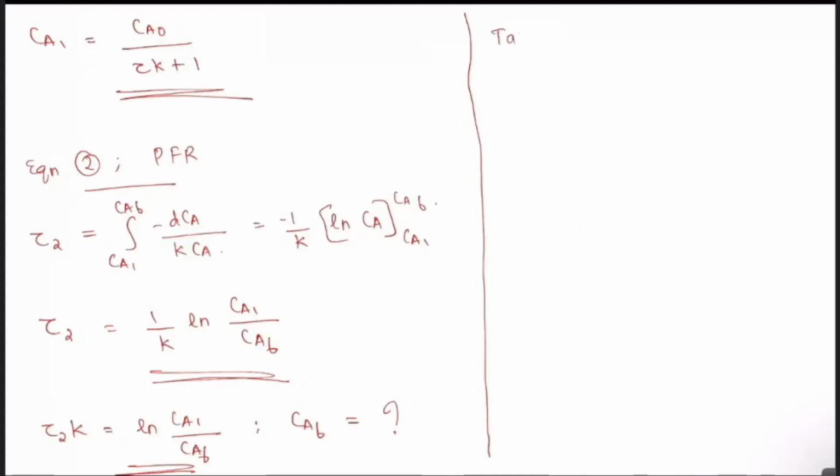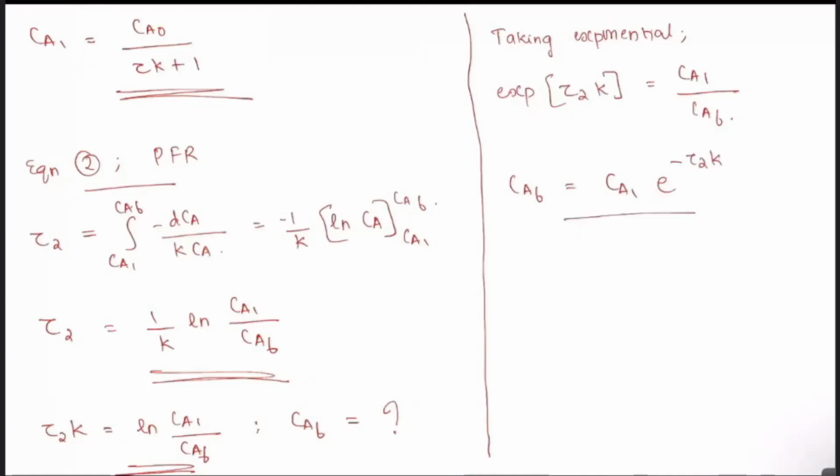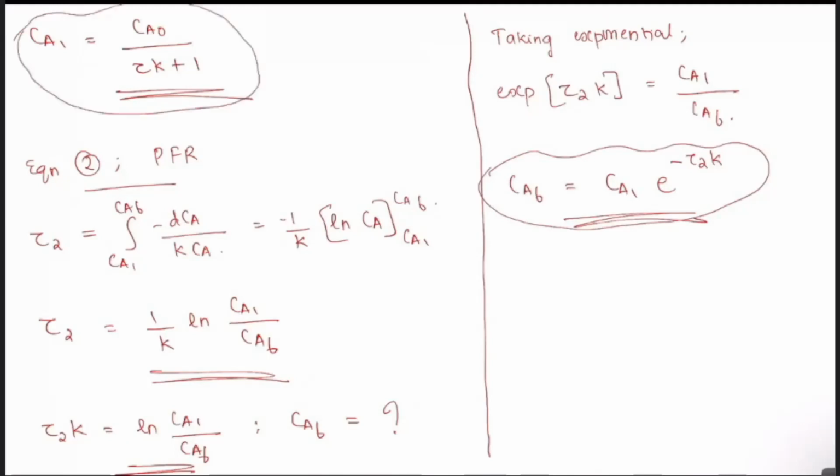So taking the exponential of tau 2 K will be basically CA1 by CAF. So that means CAF will be CA1 e raised to minus tau 2 K.